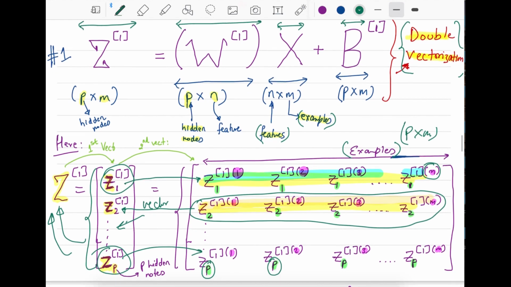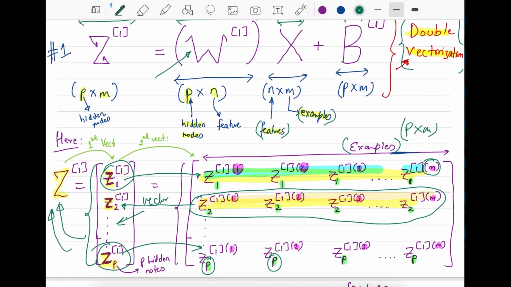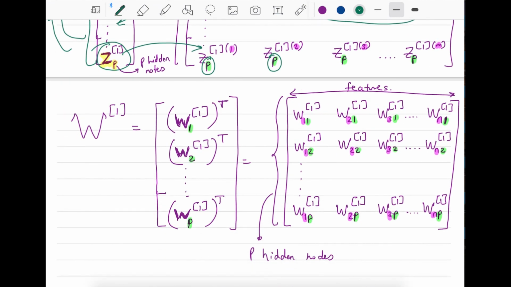So let's discuss the dimension of W. The dimension of the W matrix is this one. Please note that in the earlier case, when we discussed it in a very simplistic form, these W's were not there. It was only this one. But now, because we are considering P nodes, everything will come here. So every W1 will come here. For each W you will have vectors corresponding to that.